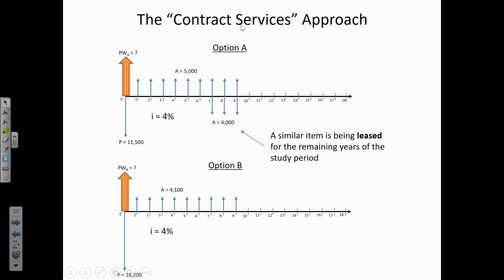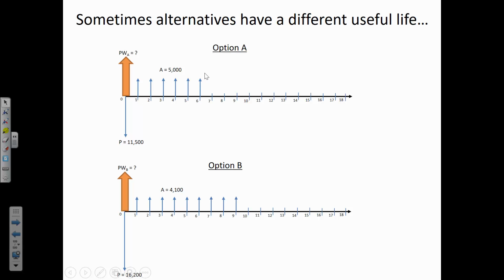Lease, renting, contract it out. It may mean that you're hiring someone else to do the job. But it's just trying to find a way to extend the life of the shorter one. Because remember, of the two options, naturally, one is longer and one is shorter. So LCM said, let's repeat it until it finishes at the same year.